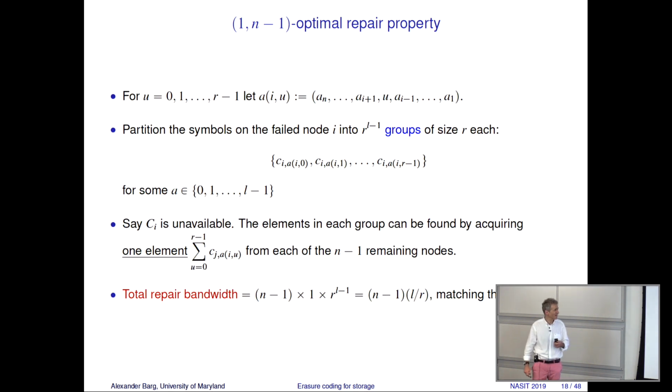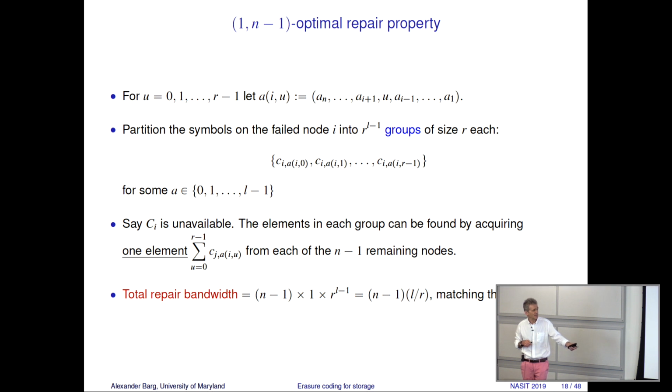All right, so we have done that. It remains to convince ourselves that the recovery is optimal. That is a straightforward computation. As I said, for each group, from each of the helper nodes, we get one symbol. So we count the total number of the downloaded symbols. And it exactly fits the cut-set bound, (N minus 1) times L divided by R. So we look here, it's something like that.